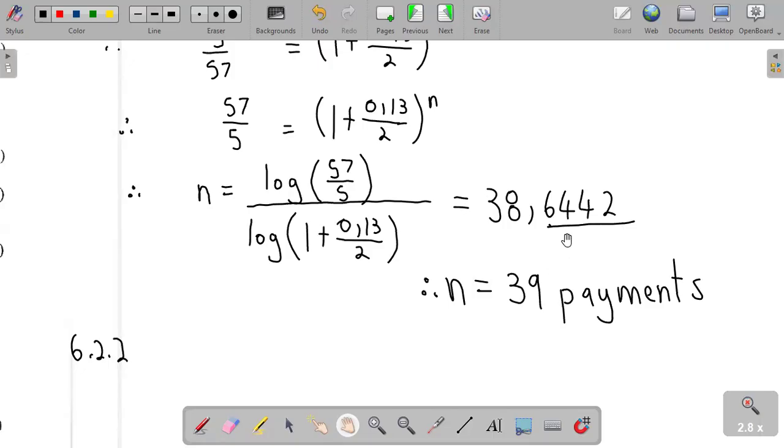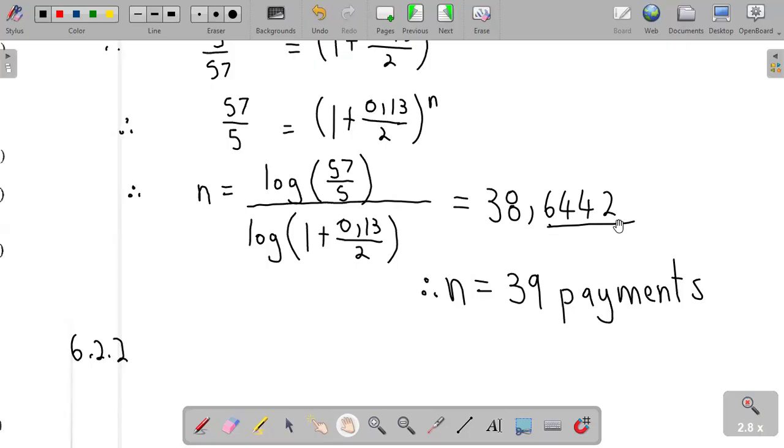It's going to be a payment of less than 57,000. So we have to take those decimals here, because the 38 payments are the ones that are going to be full. The payment number 39 will be those decimals that are left.